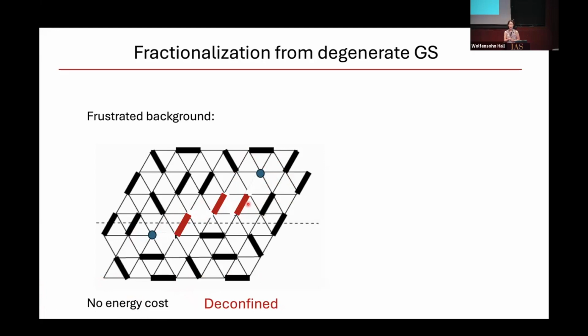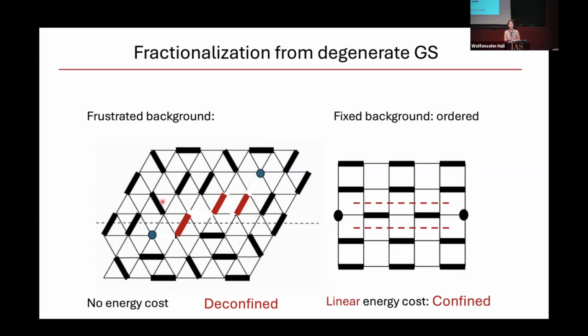So this is a way of getting fractionalization. You can see that the fact that your dimers are not rigidly ordered, unlike in this kind of columnar setting, is what allowed you to think about these monomers.